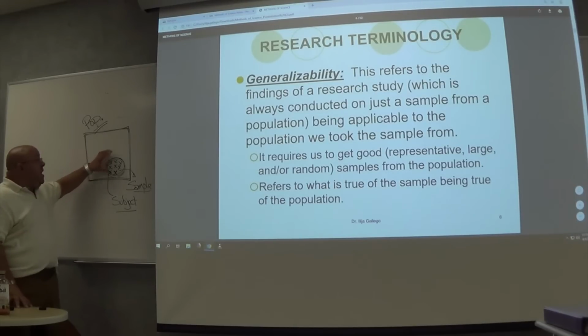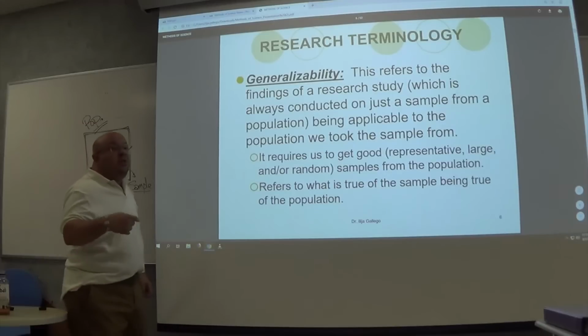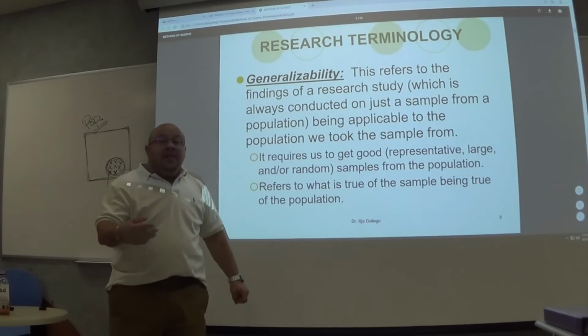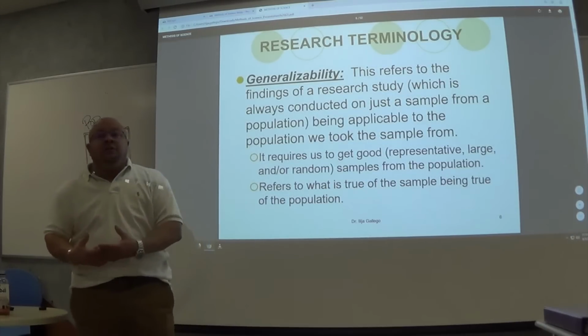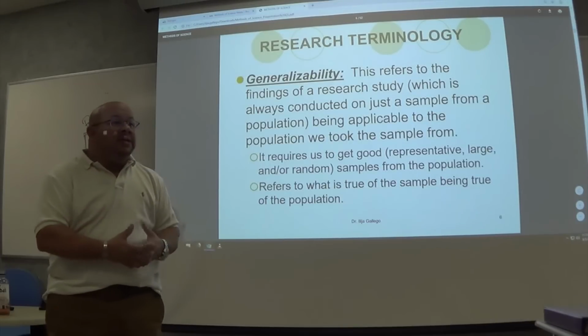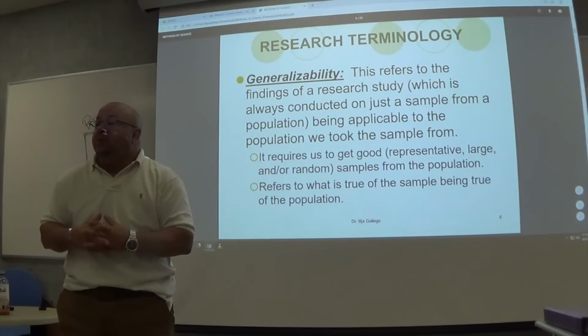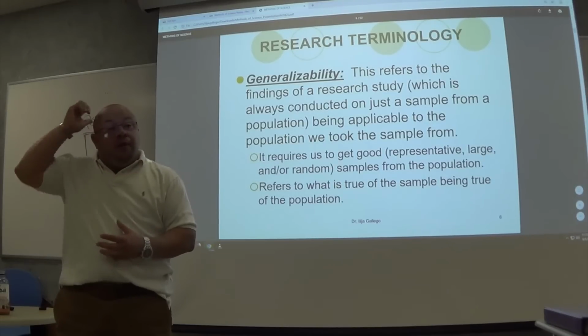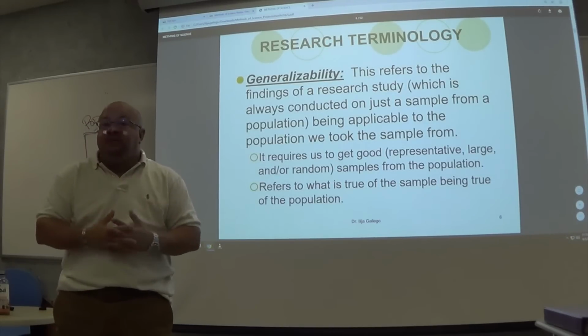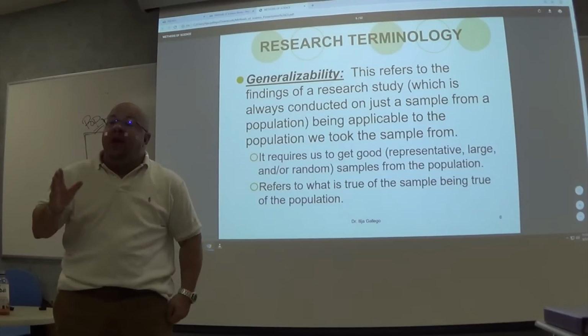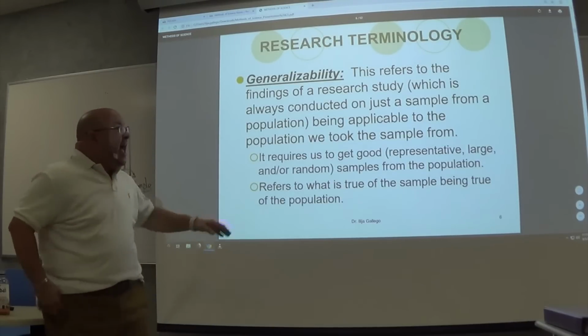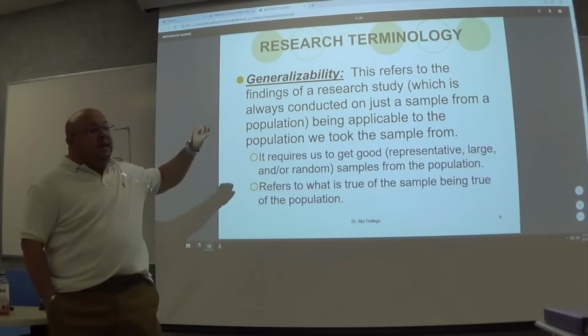Generalizability means that what's true of the sample is true of the population. So science allows me to assume that if the medicine worked for the sample, it's likely to work for the population. Science allows me to assume that whatever I find to be true for the sample is likely to be true of the population. Now we know that we don't always have generalizability.